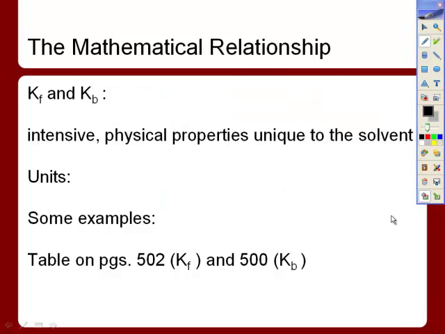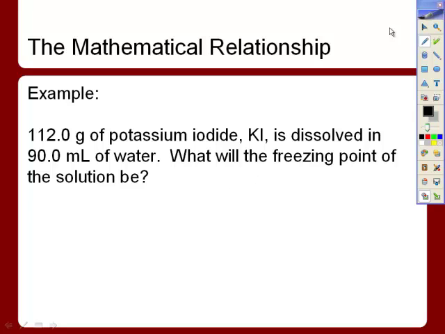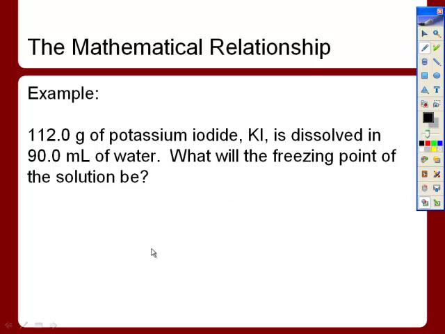So let's apply this concept to some examples. Here's our first example. I'll let you write it down. It says 112.0 grams of potassium iodide, KI, is dissolved in 90 milliliters of water. What will the freezing point of the solution be?